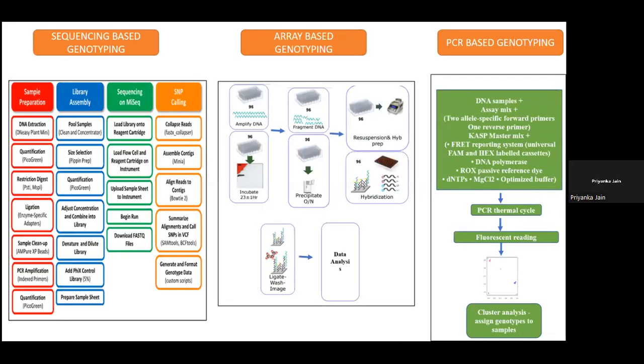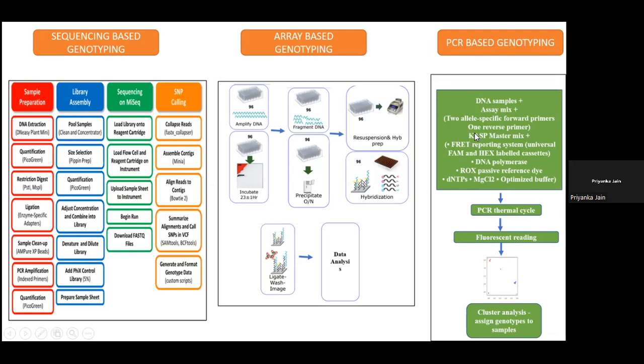They are labeled with a FRET reporting dye, which is FAM or HEX. This is a method used by KASP, that is competitive allele specific PCR. So this method uses FAM and HEX labeled dyes.